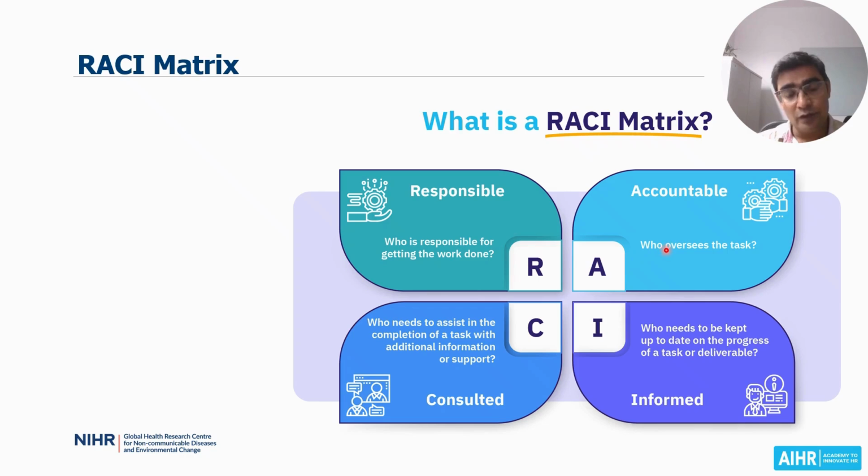A refers to accountable, who is ultimately answerable for the task. C stands for consulted, so who needs to be consulted before or during the task. I refers to informed, so who needs to be kept in the loop or informed about the task.